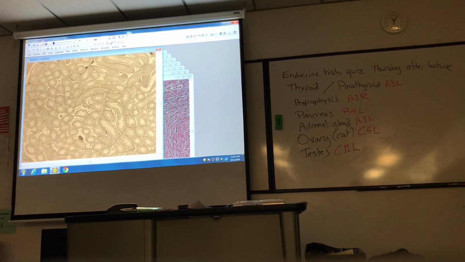I won't take a picture of this, but just to orient you with the low magnification, what we see, these long convoluted tubules that have been cut are the seminiferous tubules. All of these, with the dark cells inside, are blood vessels, and the interstitial cells are in between. And that's what we're looking for.